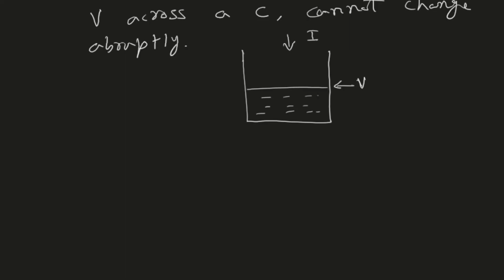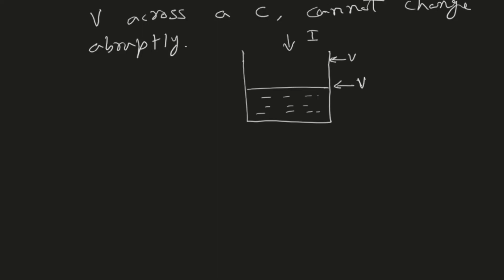So it can decrease slowly or increase slowly, but it cannot happen that at a given time the voltage is over here as shown, and all of a sudden the voltage jumps to this point. This cannot happen. For this to happen, we would have to pour in an infinite amount of water very quickly. So the rate at which the water comes into the bucket would be infinite.